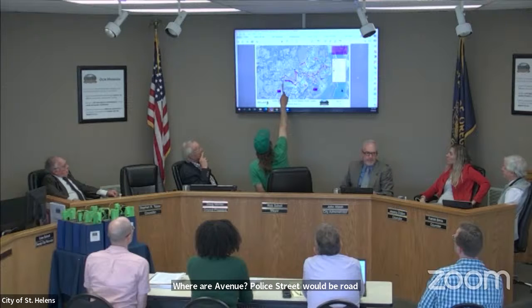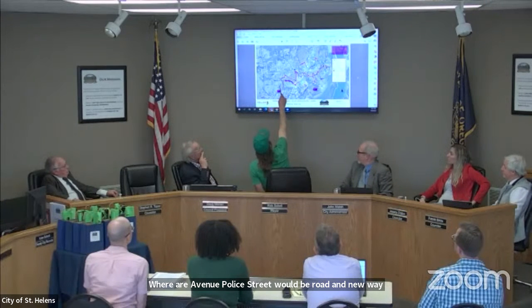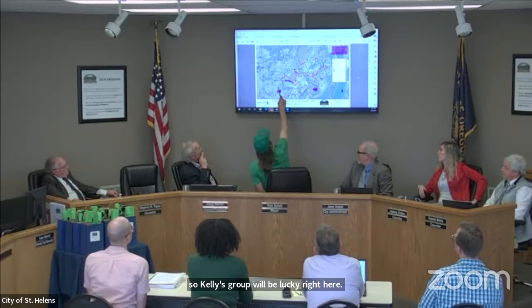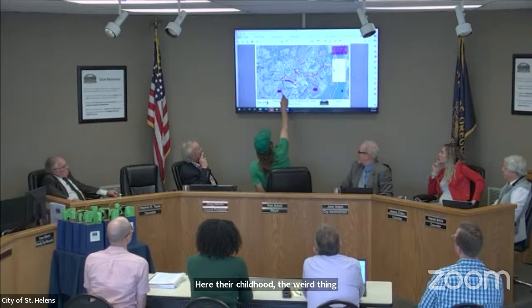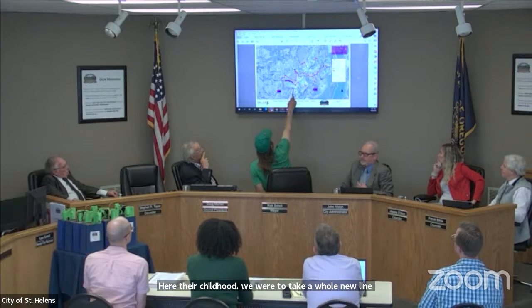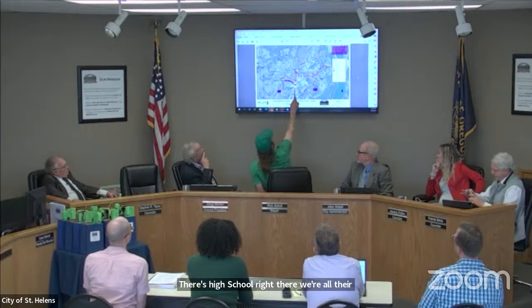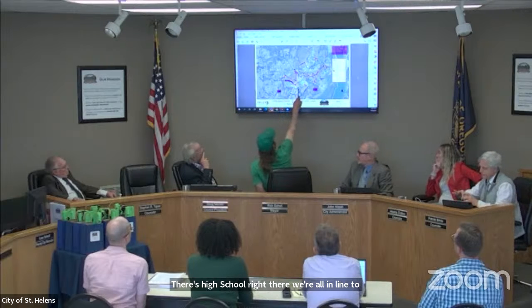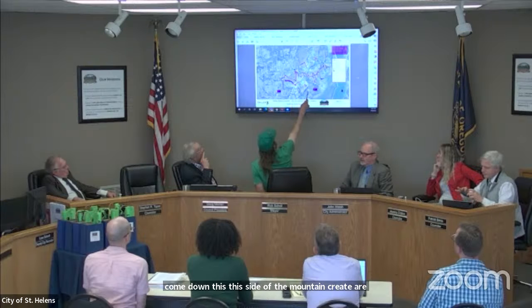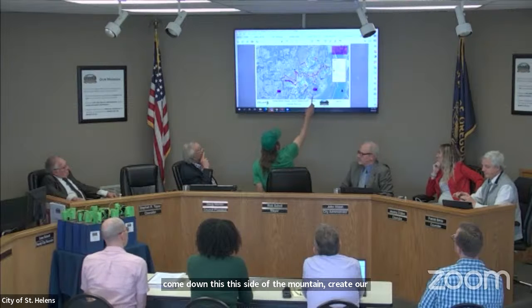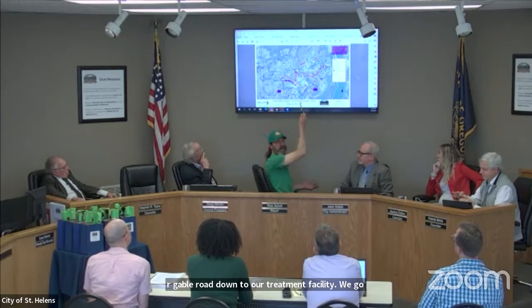Kelly Street would be roughly right in here, because there's Childs Road. And we were to take a whole new line and come down Fertile, there's the high school right there, on this side of the Milton Creek or Gable Road down to our treatment facility. There we go, Railroad Avenue, and go across the bridge if we had to.